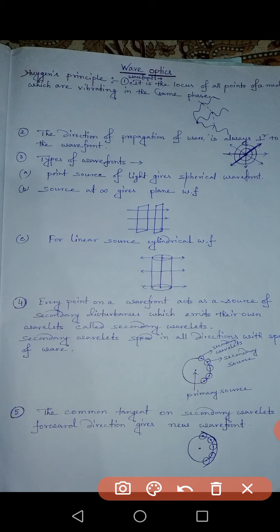The last one, third one: if the light source is a linear one, meaning it is an extended source of light, like this, and here is another source, another source. In this way it makes a linear source of light. If this is the source of light, then in this direction the wave will go out like this, this side also like this.